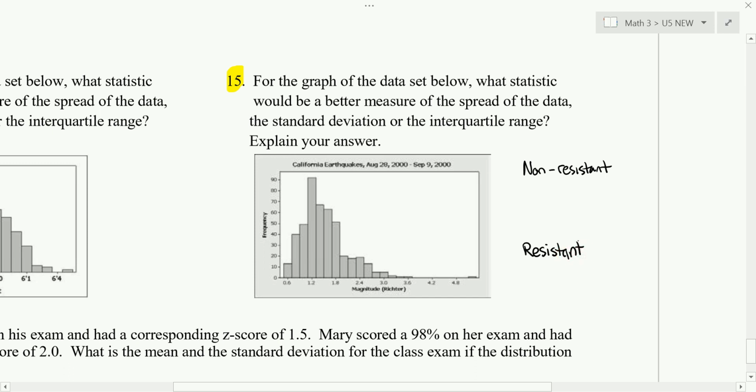Non-resistant measures are measures that are affected by outliers or changed by outliers, or extreme values, and those would be the mean and standard deviation.